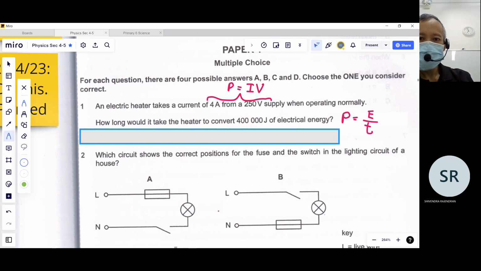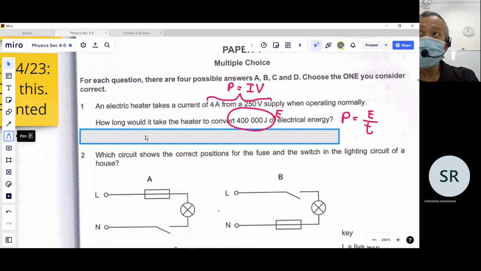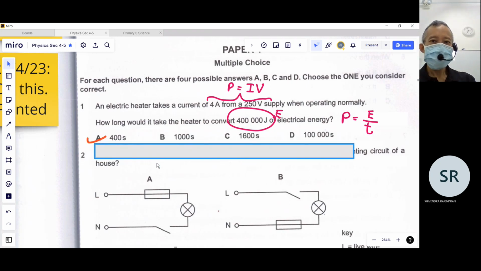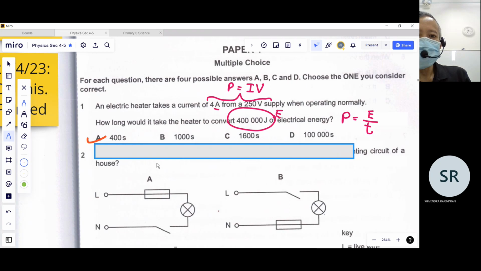I draw your favorite. So you're given energy here. Basically you'll be using this formula and that formula. Pick one. What's your answer? And what if I want this? Again, make sure your units are all consistent. Current in ampere, voltage in volts, and of course, as I mentioned just now, energy in joules and time in seconds.